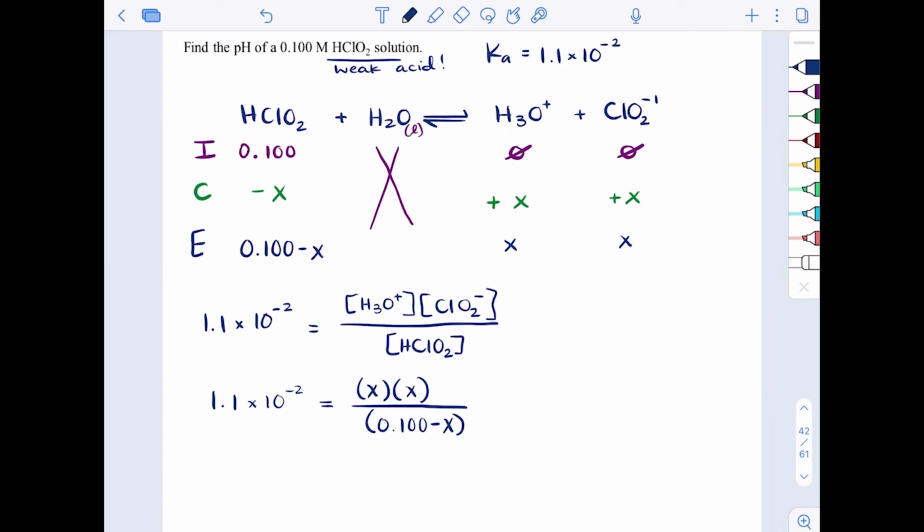So as we carry over this denominator, I'm going to take away the times 10 to the negative 2 exponent idea, and I'm going to write it in decimal format because I think it's a little bit easier when I multiply it out. So I have 0.0011 minus 0.011x is equal to x squared.